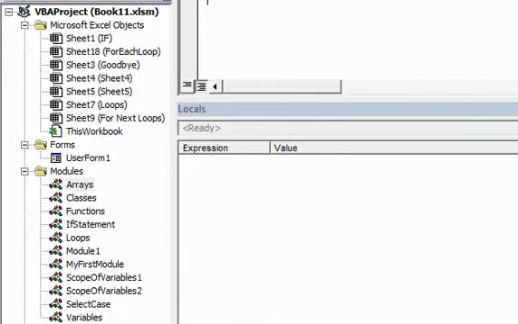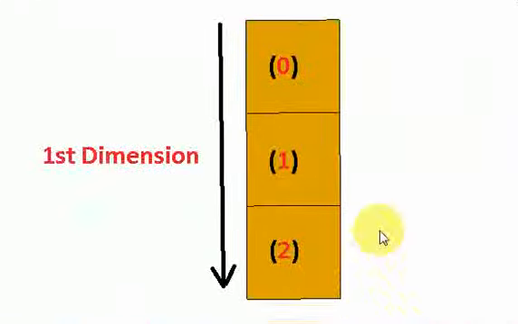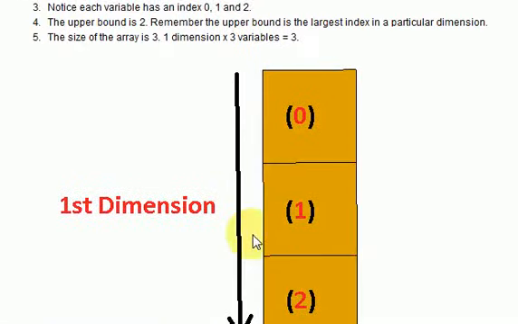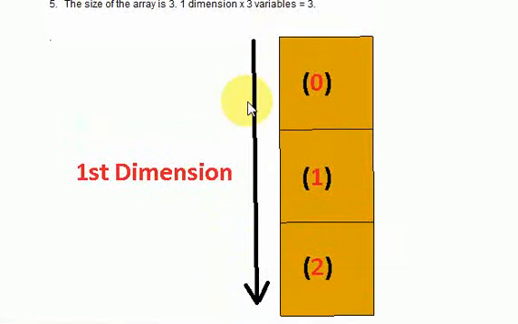Let's go to this website, excelvbasequel.com, and this is called a one-dimensional array. You could think of it as just a column in a worksheet, and each column has rows in it, but it's only one column.